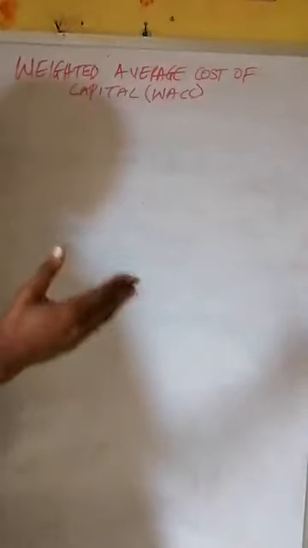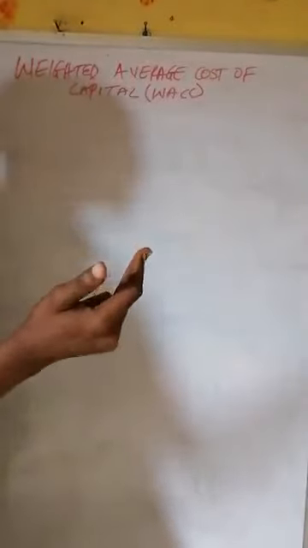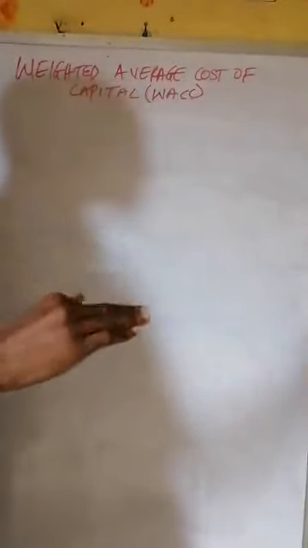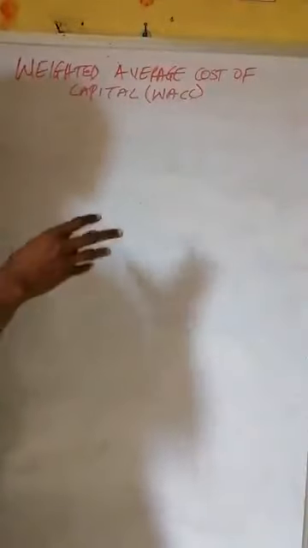Equity, preference share, and debenture are long-term sources of capital, sources of finance for the company. But sometimes the company also finances its operations with short-term sources of finance, which under normal circumstances should not be incorporated in computing the cost of capital for the company.